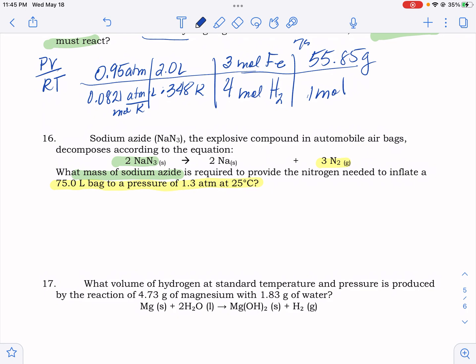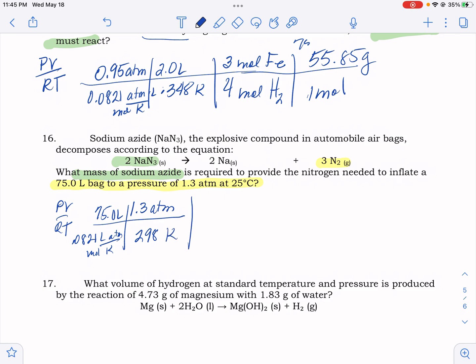All right, so once again, PV over RT, we're going to do 75 liters times 1.3 atmospheres, over 0.0821 liter atmospheres over mole Kelvin, and 25 plus 273 is 298 Kelvin.